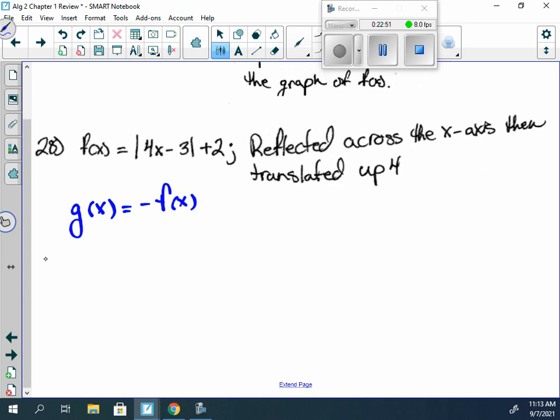Because the reflection across the x-axis is our y equals negative f of x. Well, I still have the f of x. I didn't change anything inside the parentheses, so we can go on and replace it. So we'd have negative parentheses, absolute value of 4x minus 3 plus 2.